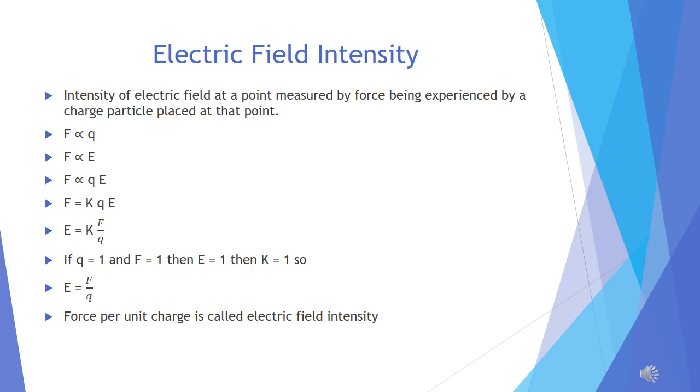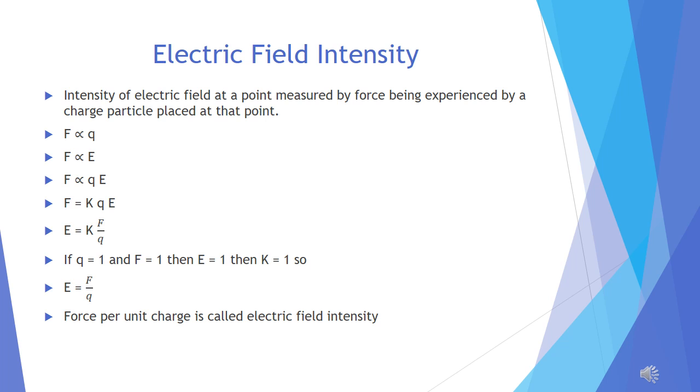Now combine these two equations, then F is directly proportional to QE. If we remove the proportionality sign, then F equals K QE. So E equals F upon Q, taking K as 1.